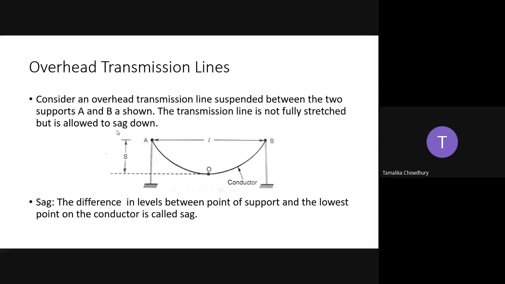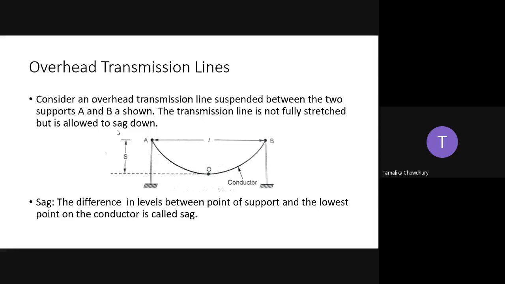Now the tangent direction at the point O is horizontal, and the tension at the point O acts horizontally, depending upon where the point is used. The horizontal component of the tension will be constant throughout the length of the wire. The tension at the supports will be approximately equal to the horizontal tension acting at any point.